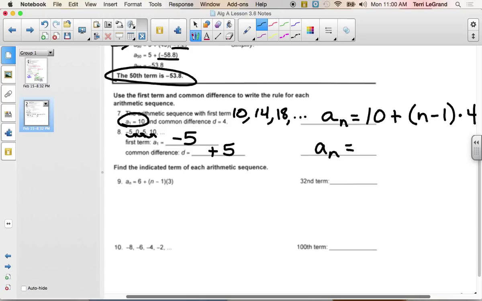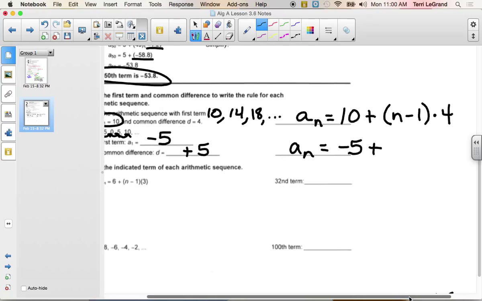A +5. So our rule for this one would be a sub 1 equals -5, it has to start with, add to that, and then we're going to shortcut it by multiplying, but when we multiply, we have to subtract 1 from the term number that they want us to find, and then we're going to multiply that by +5.